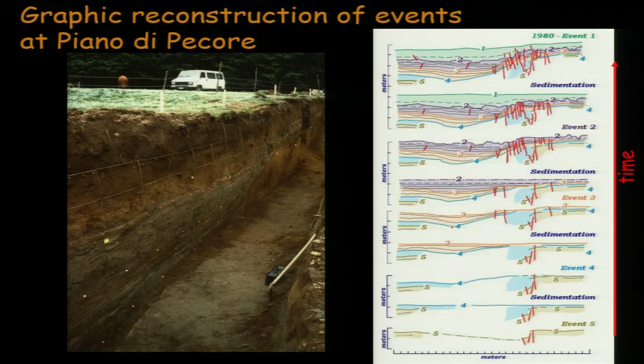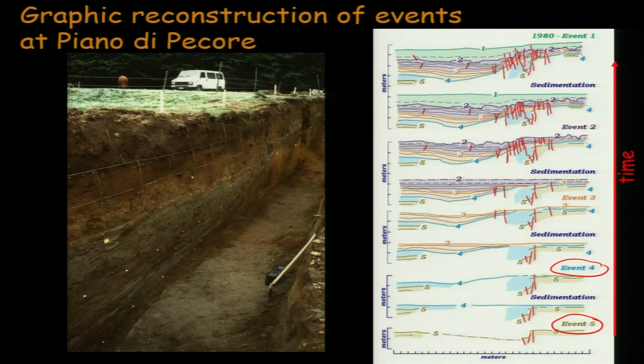Unit 5 was displaced, and then because of the blocking of the channel again, unit 4 was deposited, capping the deformed unit 5. Then there was an event which displaced unit 5 as well as unit 4, that is event 4, and similarly for the previous one.